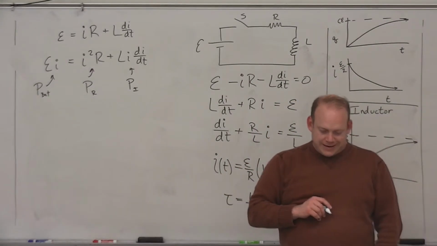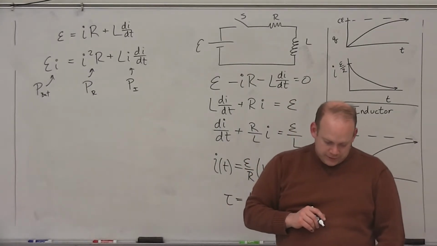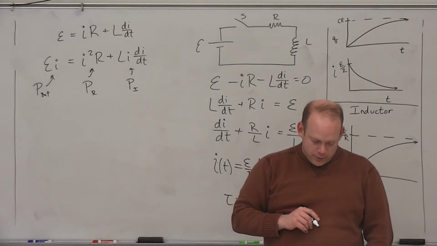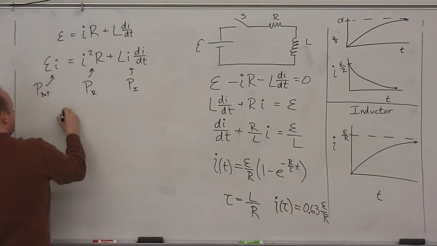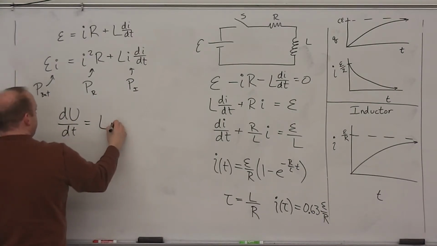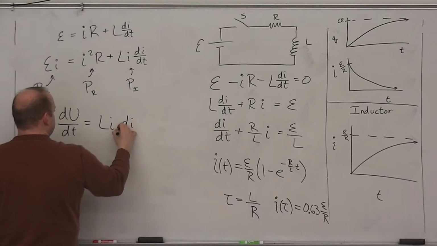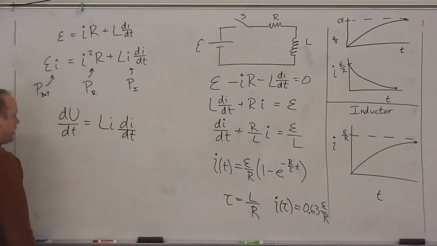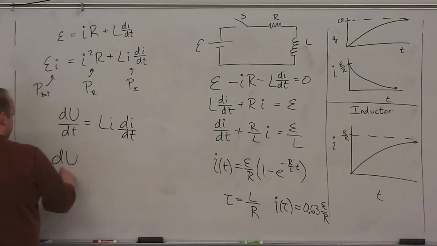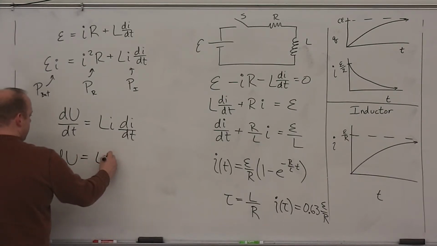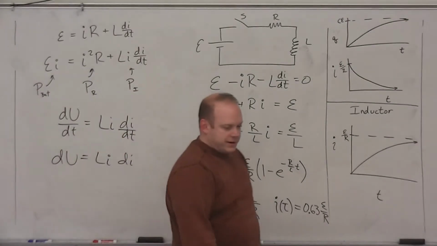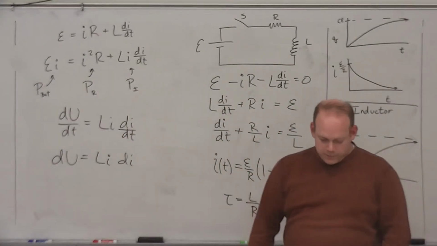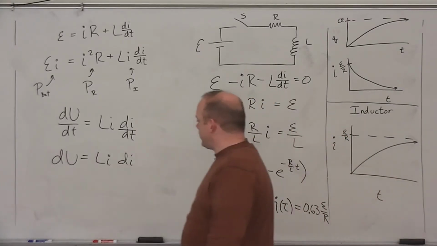So our L di dt is the power, which will equal, if I look at it in terms of energy, du dt is equal to L di dt. So if I just want to look at amount of energy, Li di, yes, you can kind of multiply everything by dt. Really doesn't work, but for our purposes, we'll let it slide.